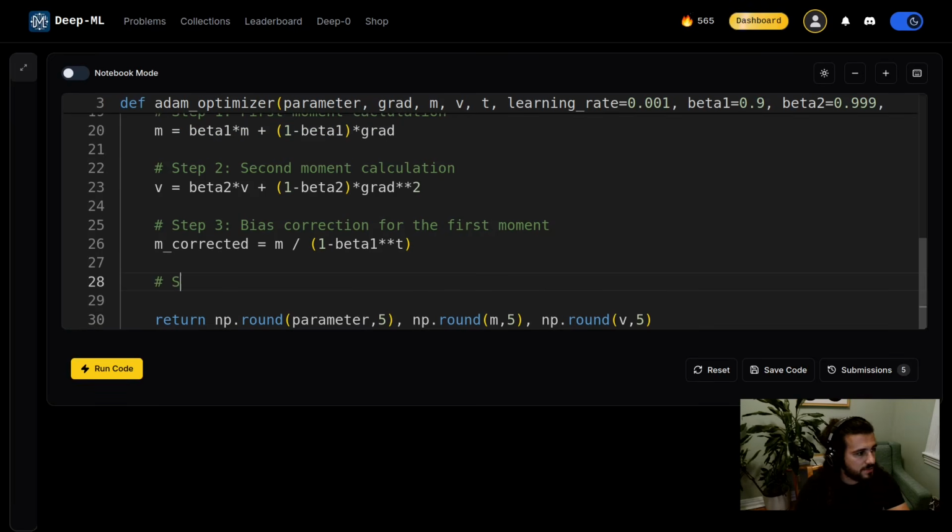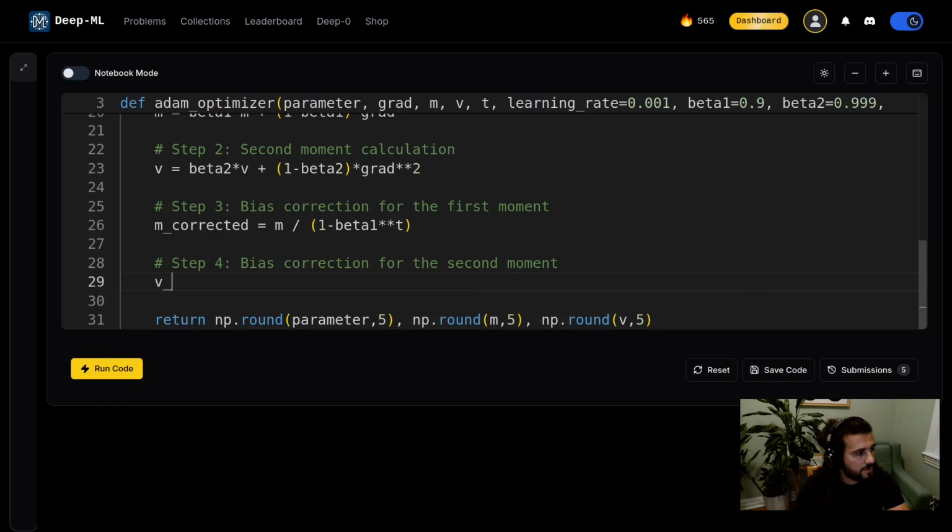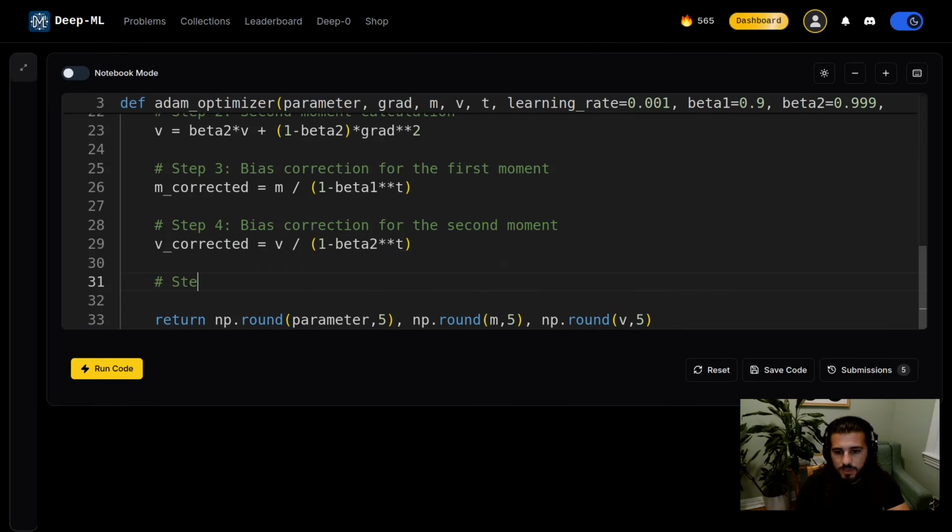And this is going to be the same thing for the second moment bias correction. Right, so V corrected equals V divided by 1 minus beta 2 exponent t.